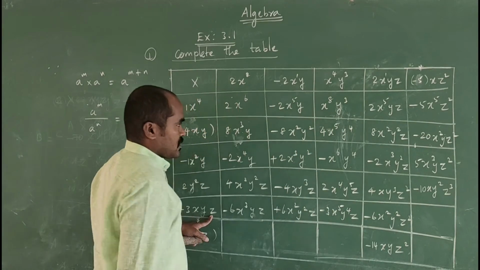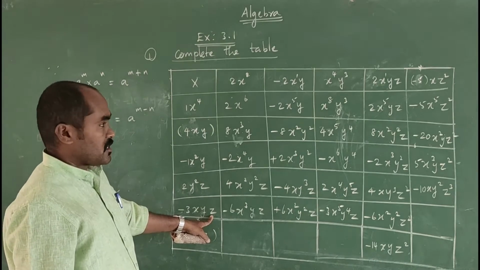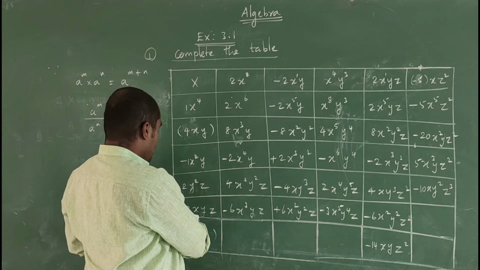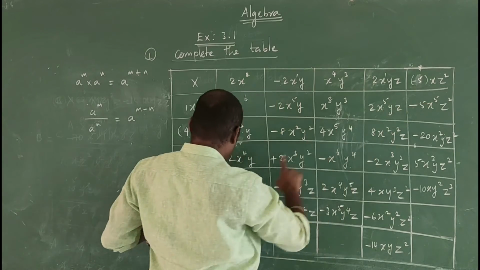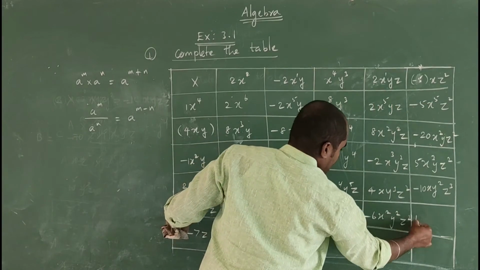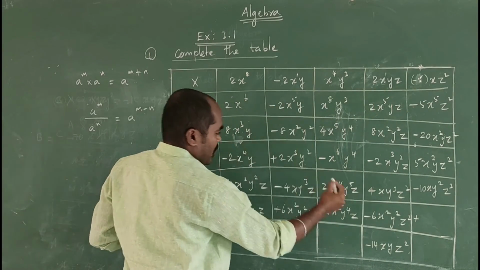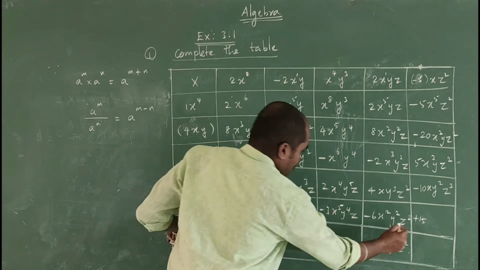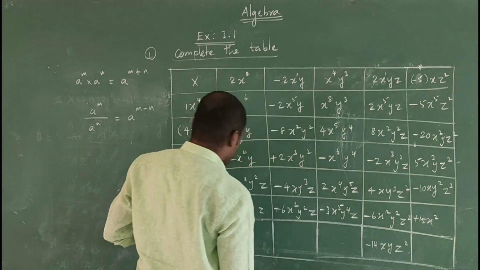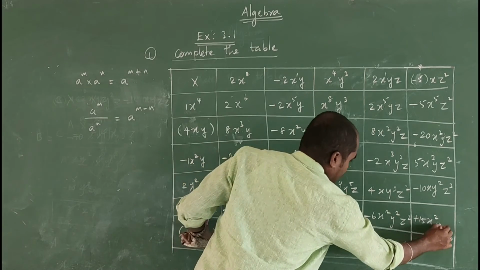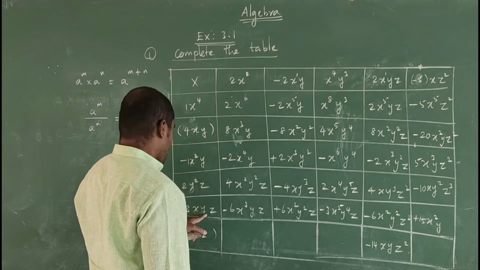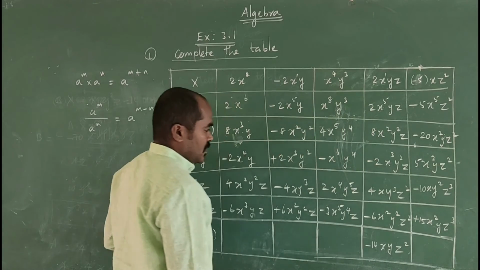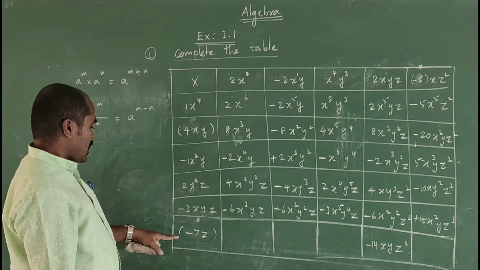So this is minus 6 x square y square z square. So final one. Here we have minus 3, here minus 5. So minus into minus is plus. 3 into 5, 15. X into x, x square. Y, write as it is, because only 1. Z into z square is z cube.